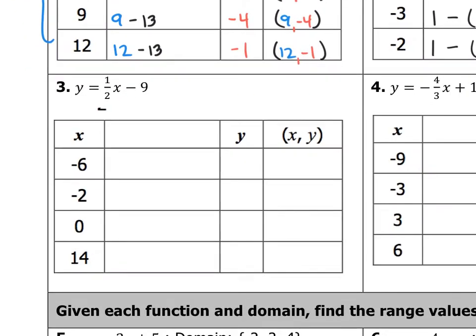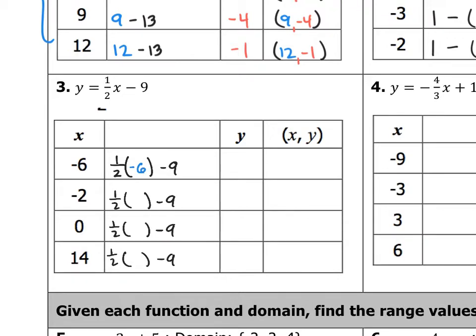This time the equation is y equals 1/2 x minus 9, and you're given values of -6, -2, 0, and 14 to plug in for x. So again, you're going to substitute those numbers in where you saw x. Everything else will stay the same. So I'm going to set up my column like this. And now I'm going to substitute in, first of all, -6.